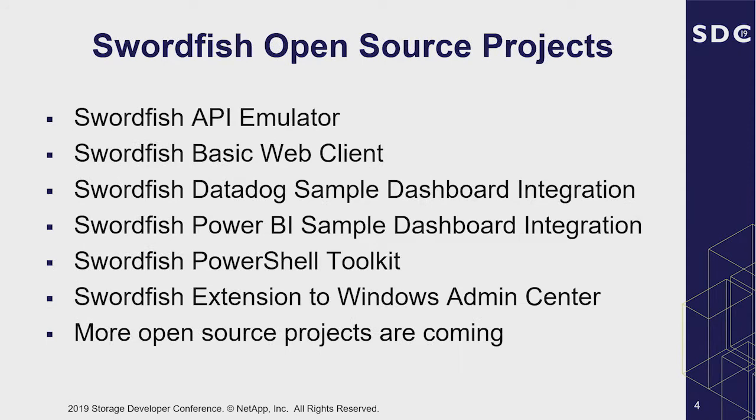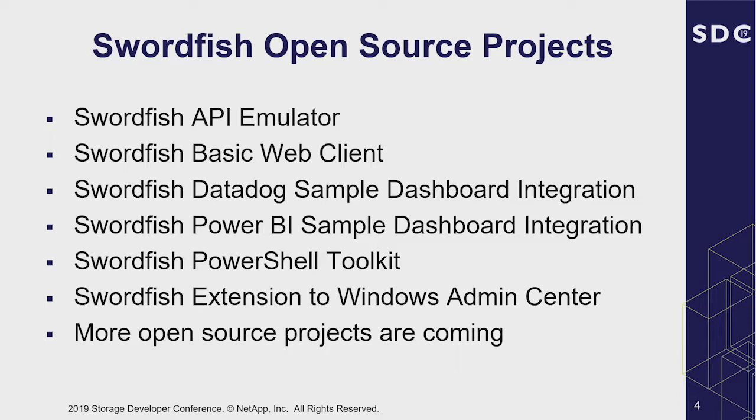And the projects we have cooking so far, there's another one coming in immediately. There's an API emulator, something that behaves just like a Swordfish implementation. There's a basic web client. It's a way to talk to the emulator or any real implementation and you just get basic information from it. There is also a Swordfish Datadog sample dashboard integration.